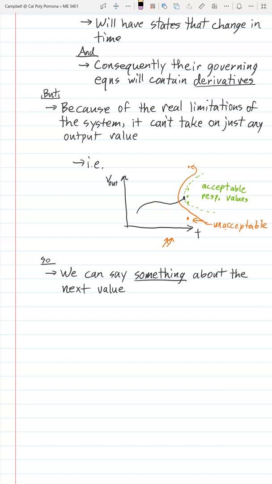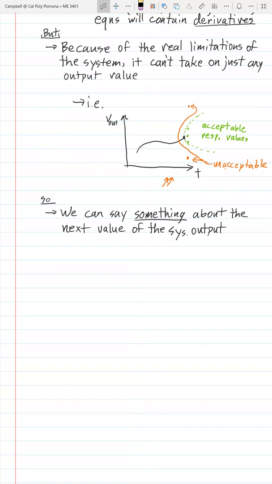Just can't happen. Real systems can't support that. So we can say something about the next value of the system output as time marches on. For us, it would be the next time step, as I've indicated here.